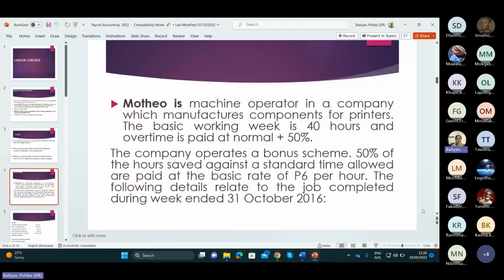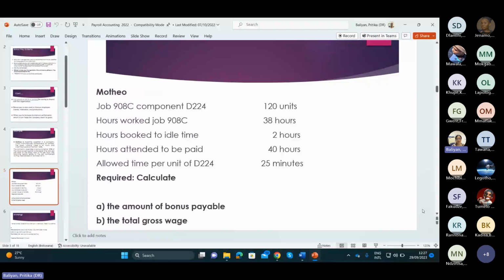So these are the details for the job number. Every time they identify the job with a code. So it has the job number 908C, related with the printer component D225. The hours worked by Mateo is 38.